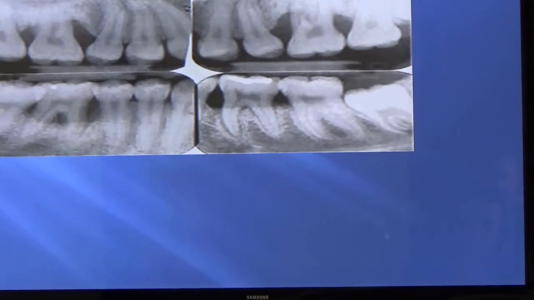Again, here's furcation involvement, and sometimes it's just the anatomy of the teeth. Sometimes just the complexity of the root structure and the way the teeth are formed makes it really difficult for patients to keep them clean.